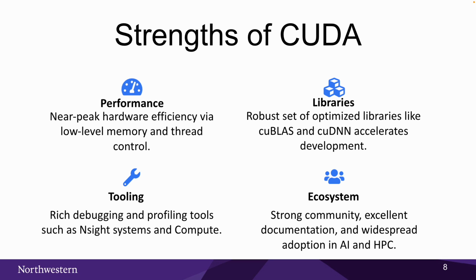These libraries are highly optimized and maintained by NVIDIA. Furthermore, CUDA offers mature debugging and profiling tools such as Nsight Systems and Nsight Compute, empowering developers to diagnose bottlenecks and tune performance effectively. Combined with a large active community and extensive online documentation, CUDA provides one of the richest ecosystems in GPU computing.